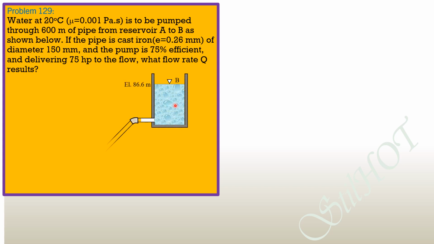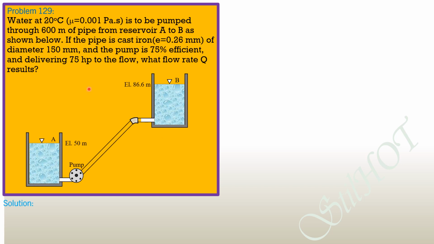So here is the given figure, and for our solution we note that this 75 horsepower is delivered to the flow, so therefore this is already the output power.